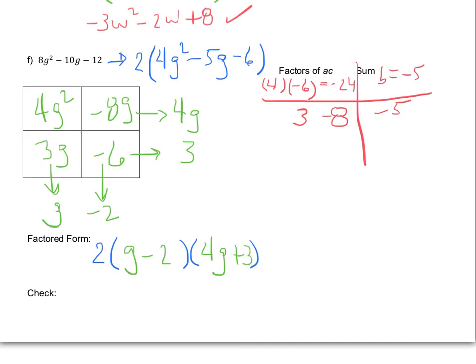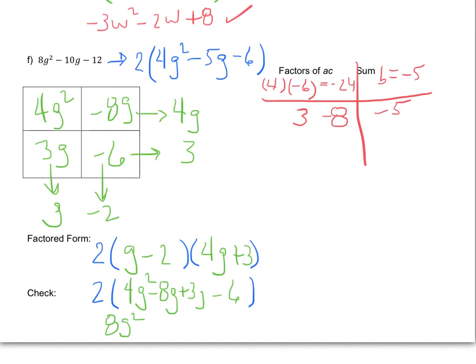So when I go to do this one, first, we're going to leave the 2 there for the moment. G times 4g is 4g squared minus 8g plus 3g minus 6. Then I have to finish this off by multiplying and distributing the 2 all the way through.